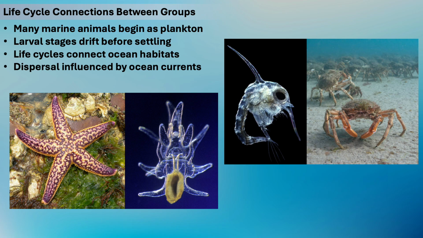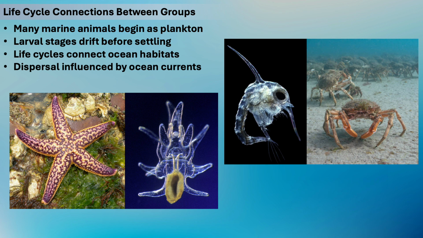A common example involves organisms that live on the seafloor as adults but begin life as planktonic larvae. Many marine invertebrates, such as corals, sea stars, crabs, mollusks, and numerous worms, follow this pattern. Fertilization is often external and takes place in the water column.